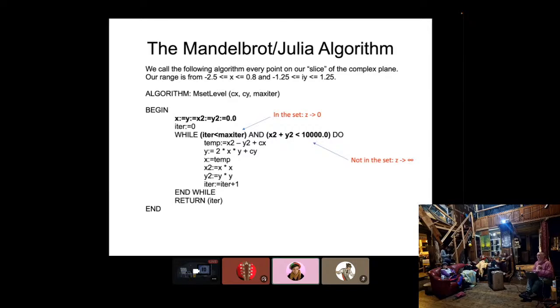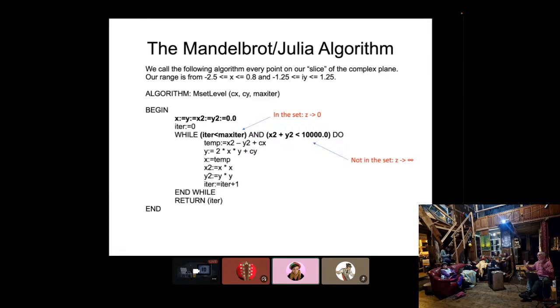The second is that if the sum of the squares of those two numbers gets to be a much bigger number, in this case 10,000, then we consider that going towards infinity.